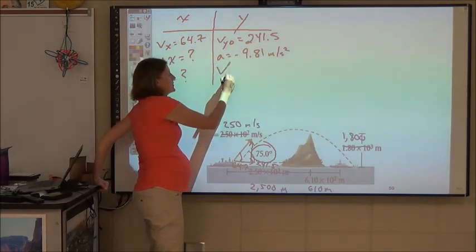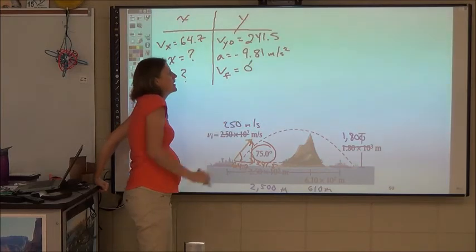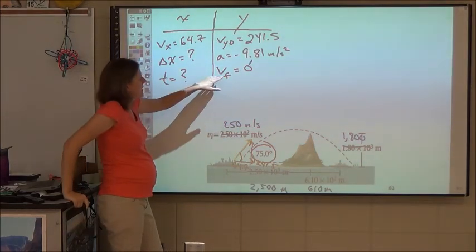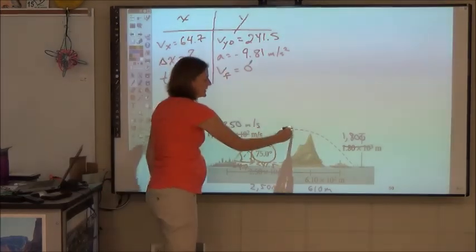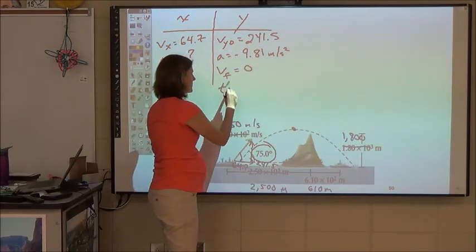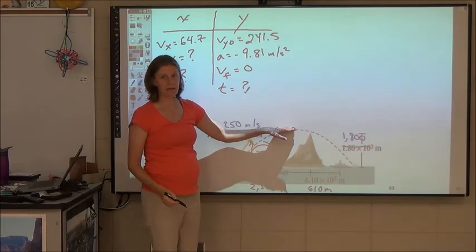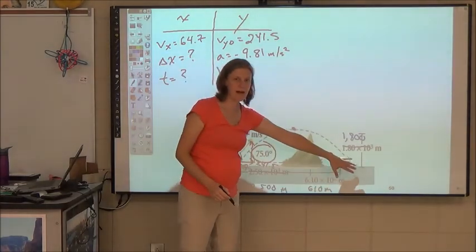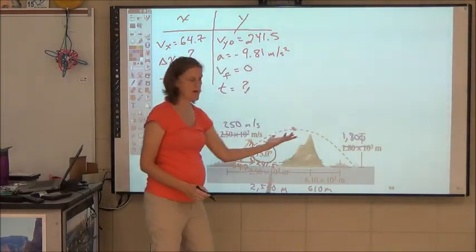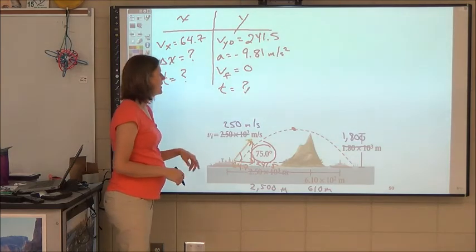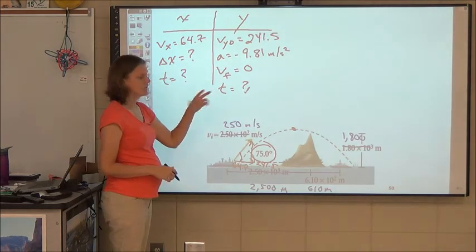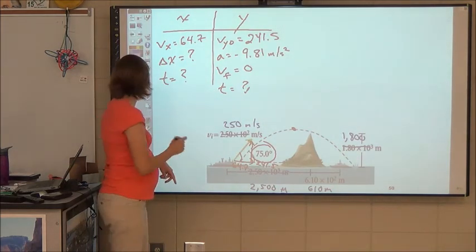Sometimes people just like using a final velocity of 0. I could say the final velocity at the peak is 0 and solve for the time it takes to get to the peak, and then just double that time. So the full time would be double the half of it. But that's one extra step, doubling a number.